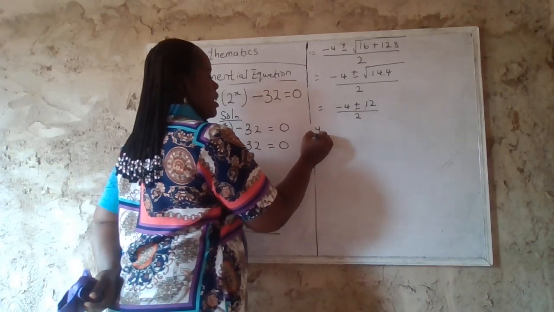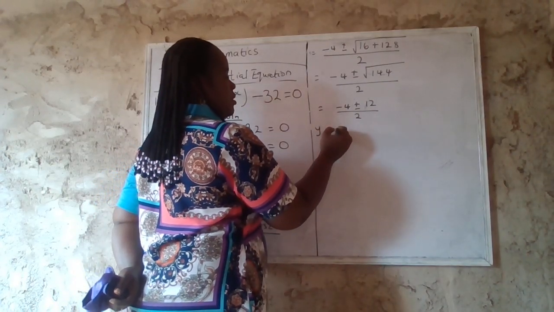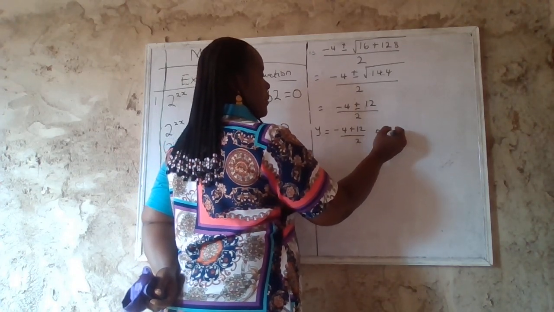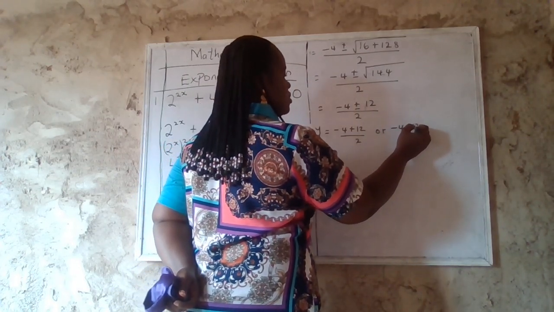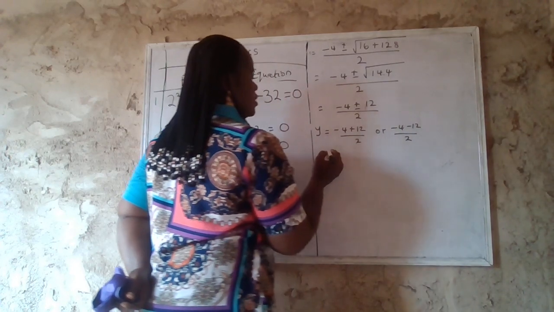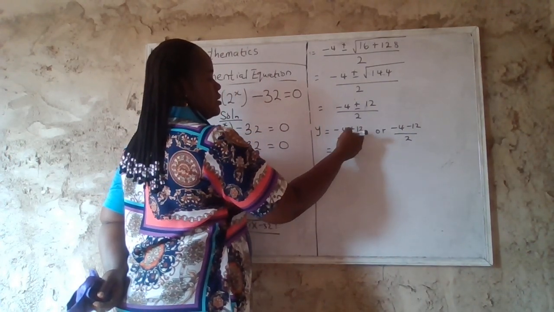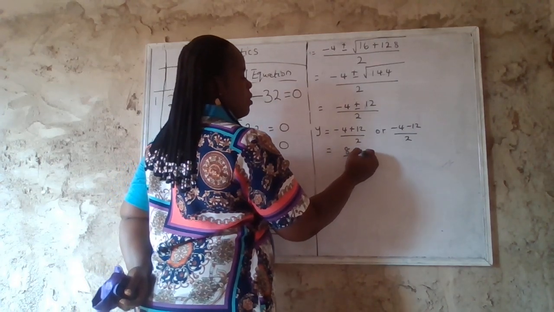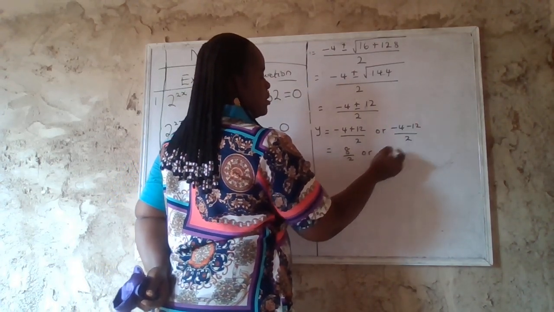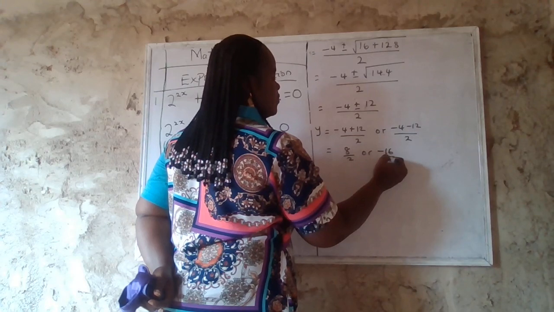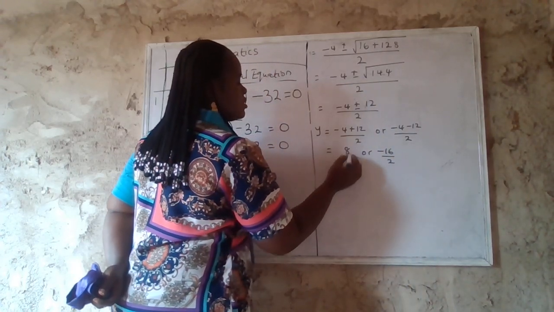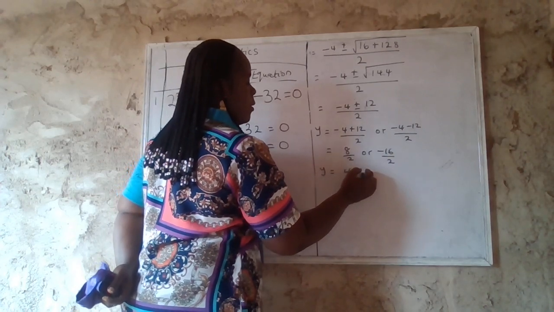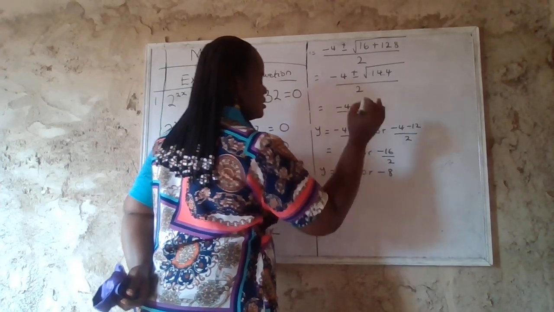Now that means that our y is either minus 4 plus 12 over 2 or minus 4 minus 12 over 2. And that will give us 8 over 2 or minus 16 over 2, giving us that y is either 4 or minus 8.